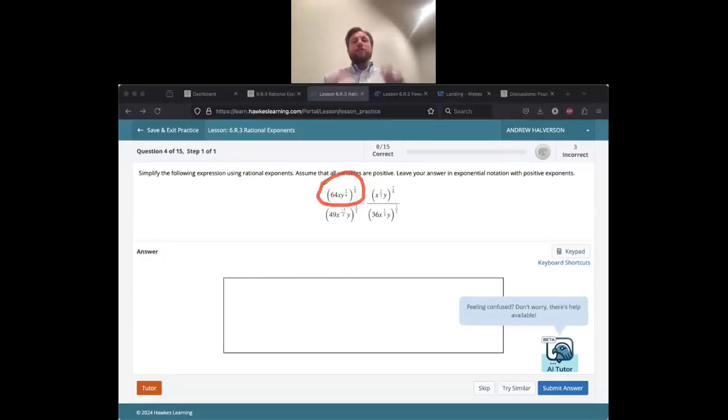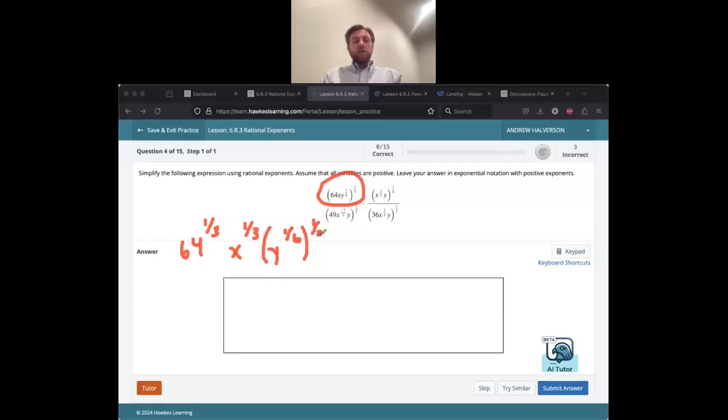So notice the 1/3 exponent is sitting on the outside of a set of parentheses. So that means you have to take everything and raise it to the 1/3 power. So the 64 is raised to the 1/3 power. The x inside raised to the 1/3 power. And then the y to the 1/6 also raised to the 1/3 power.